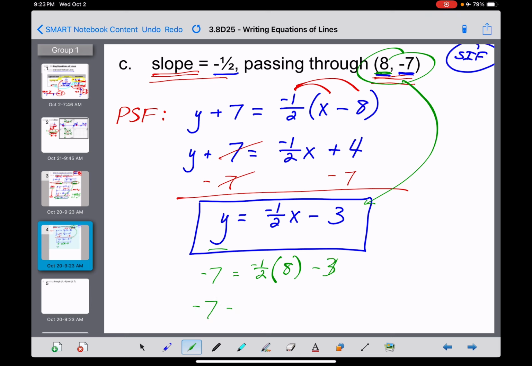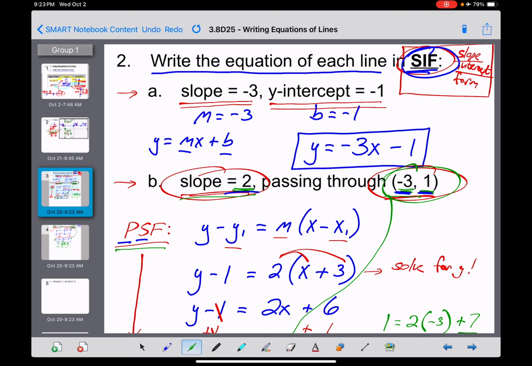So -7 equals -1/2 times 8, which is -4, and -4 minus 3 is -7. Check yet again. Another true statement, so I feel really, really good about this answer. Also checking to make sure the slope of this line is supposed to be -1/2, and it looks like it is.